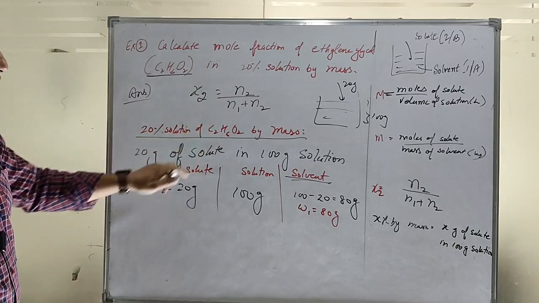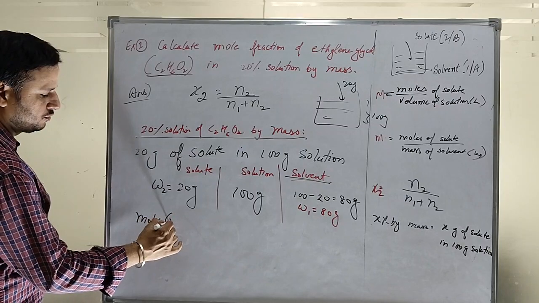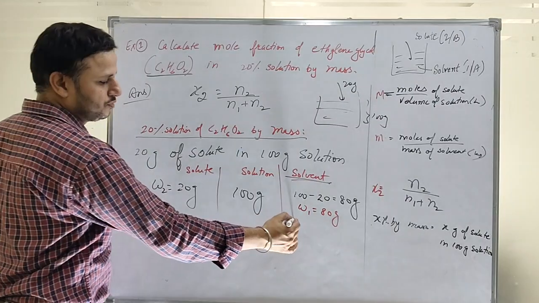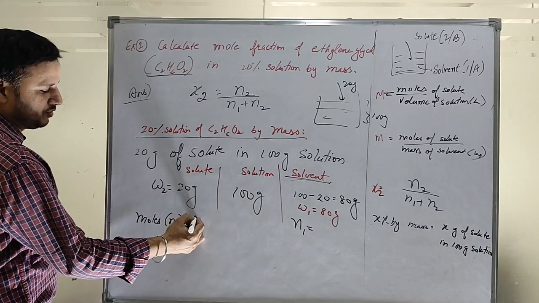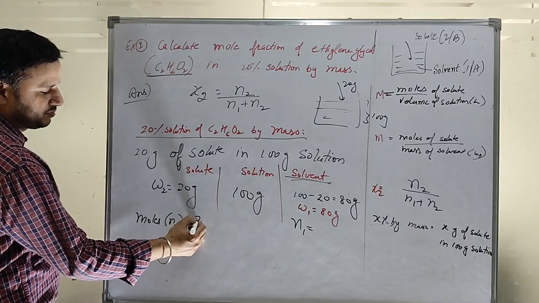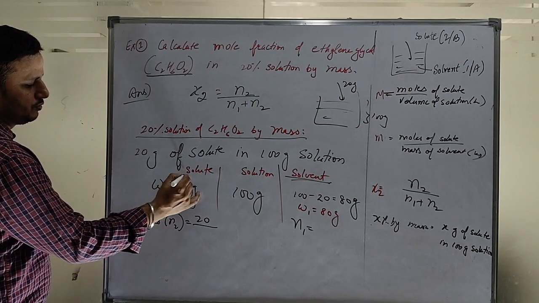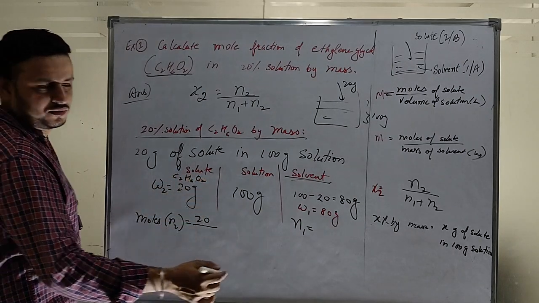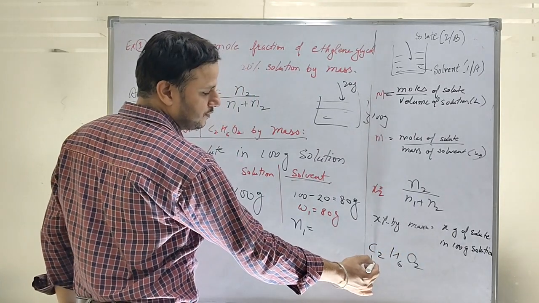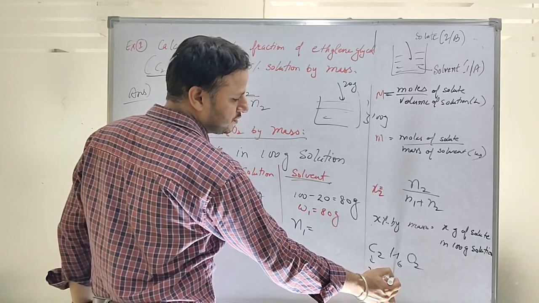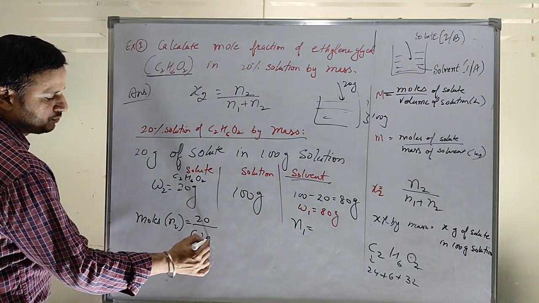तो मोल फ्रैक्शन के लिए हमें मोल्स ऑफ सॉल्यूट एंड मोल्स ऑफ सॉल्वेंट। तो मोल्स ऑफ सॉल्यूट, मोल्स इज इक्वल टू गिवन मास बाय मोलर मास। तो मोलर मास ऑफ C2H6O2, C2H6O2: 12 into 2 is 24, 1 into 6 is 6, plus 16 into 2 is 32, so that becomes 62 gram.